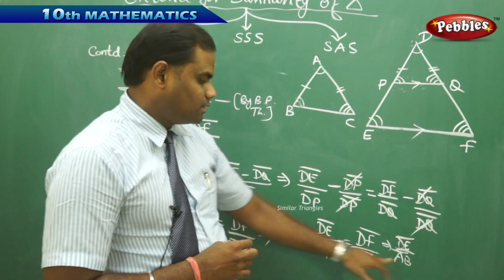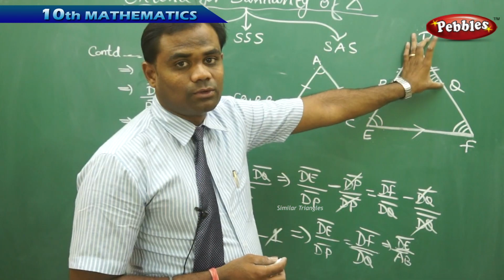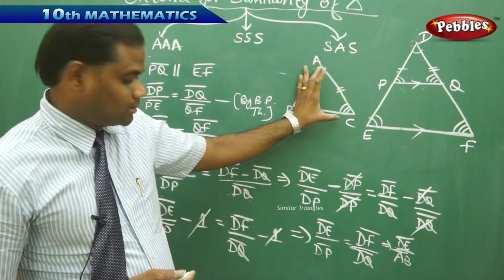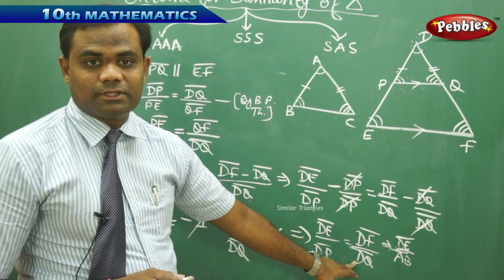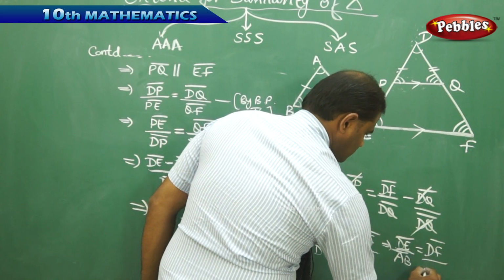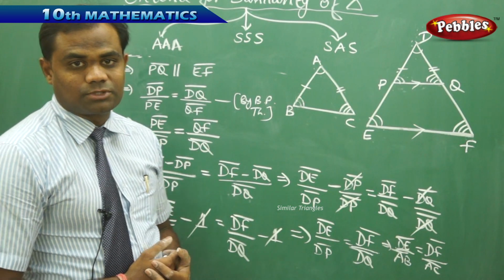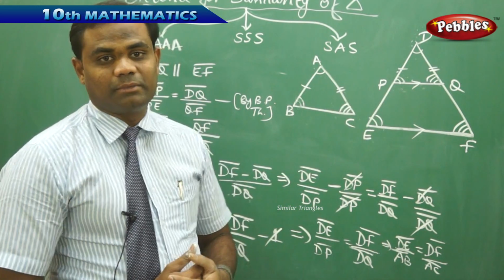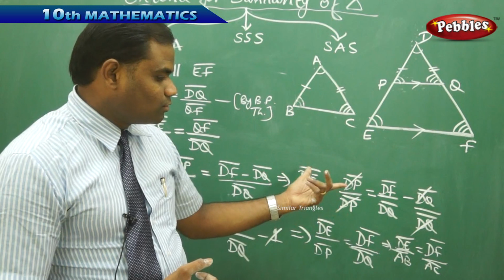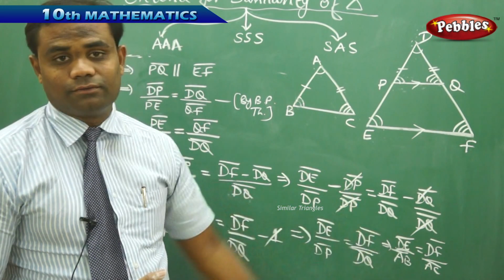Similarly, my dQ is equal to AC. Therefore, replacing dQ with AC, I get dF by AC in substitution of the equal segments. Now, let's interchange the numerators and denominators and see what we get.